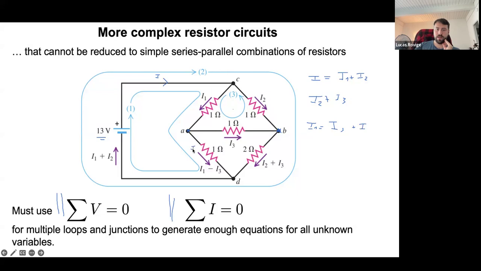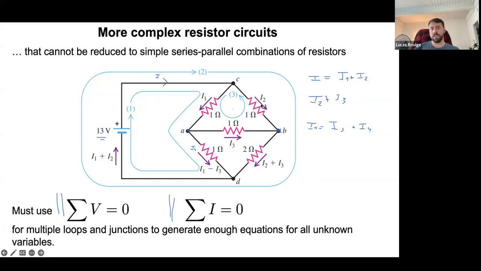Let's call that I4. So I4 is just equal to I1 minus I3. We see that we can basically express everything as a function of those three currents, I1, I2, and I3.